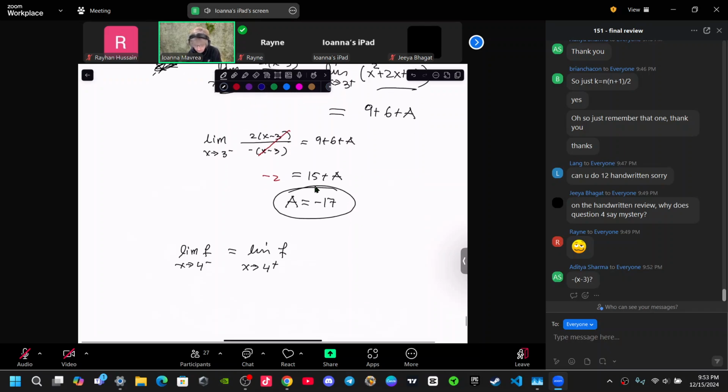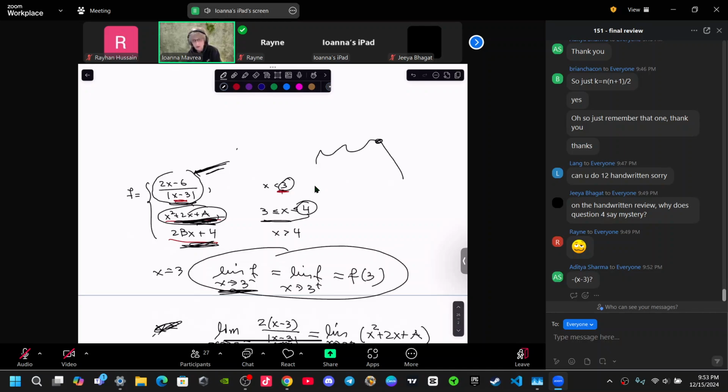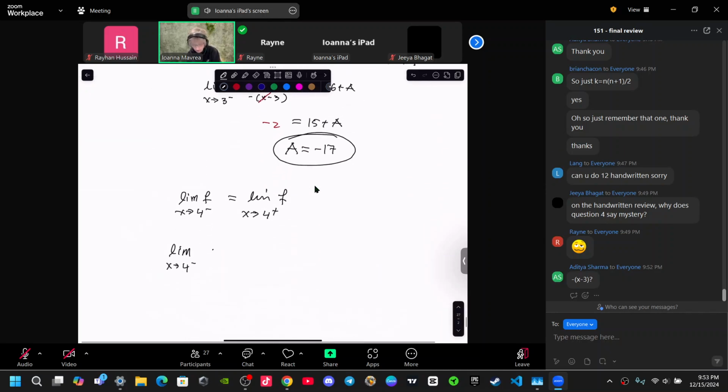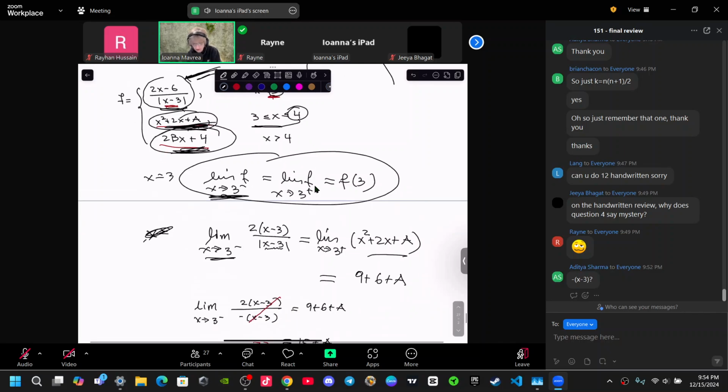From the left, the function was that polynomial, so it's x squared plus 2x plus a, which I already know is negative 17, equal to the limit as x goes to 4 from the right of f, and from the right f is 2bx plus 4.